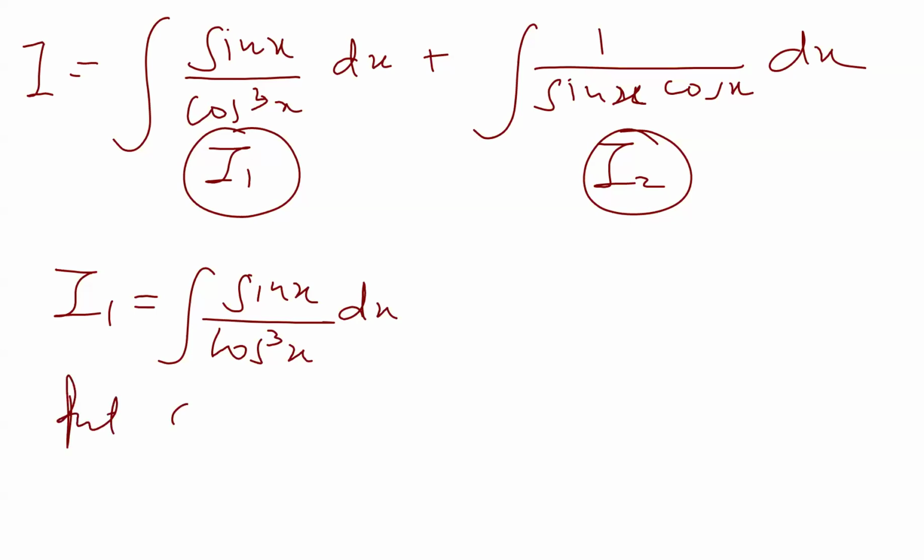So put cos x equal to t, method of substitution. d by dx of cos x is dt by dx.